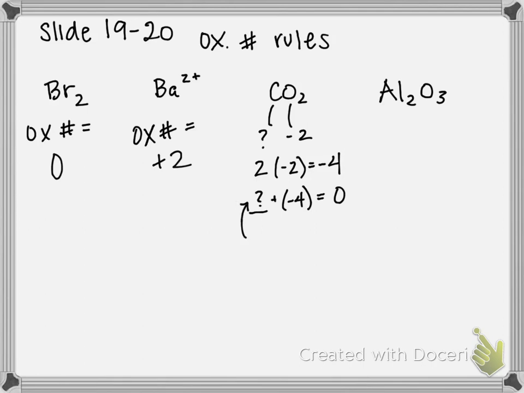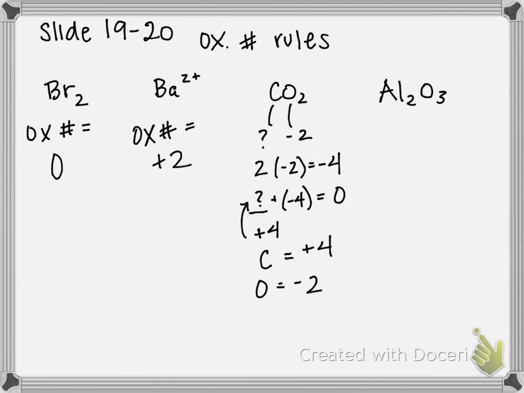So this number is going to have to be +4. That means carbon's oxidation state is +4, and oxygen, we've already assigned, is -2. Since we have 2 of them, they contribute a total of -4. And if you add +4 and -4 together, you get 0.